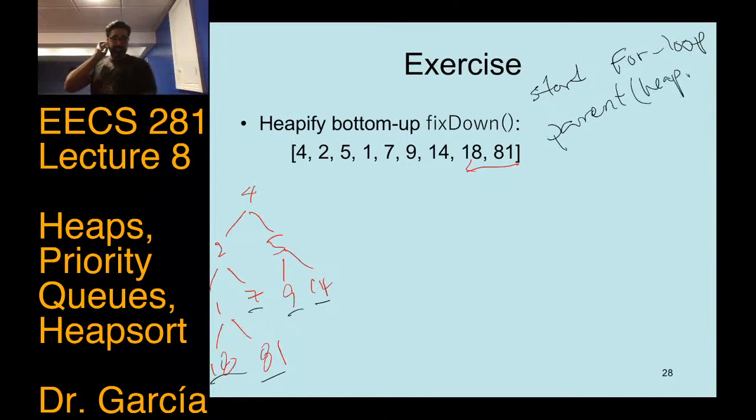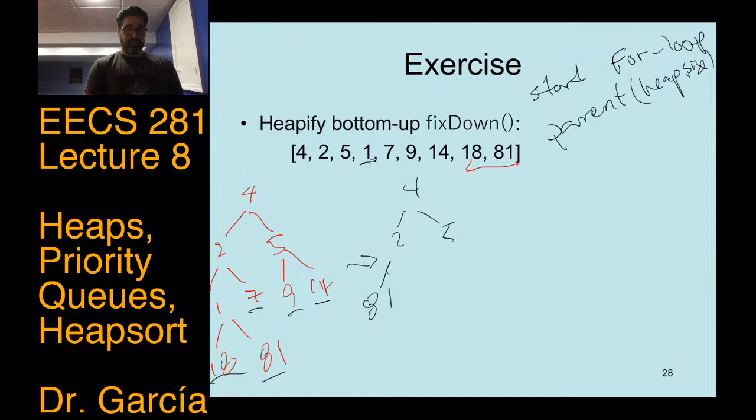All right, so now I got to 1, and there is something we should be able to do there in terms of fix down. I would fix down with 81. So now my tree is 4, 2, 5, 81, 1, and 18, 9, and 14.